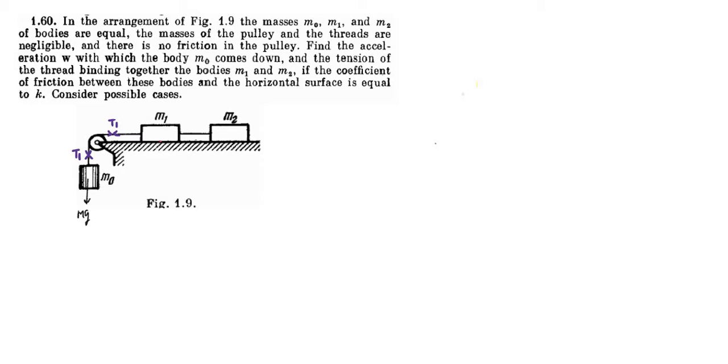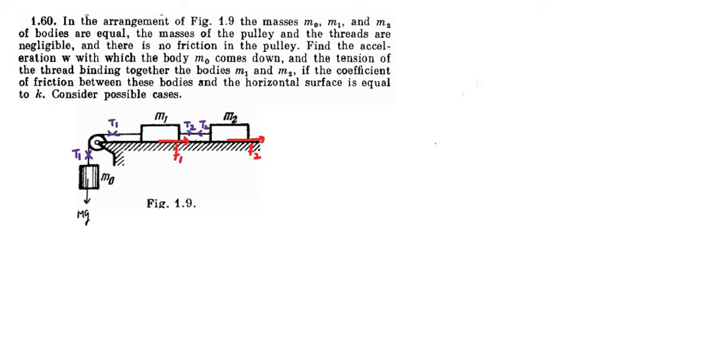Let us say the friction force be F1. The friction force between block M1 and ground is F1, and the friction force between block M2 and ground is F2. And the tension between the strings M1 and M2, we can write as T2. So this tension is T2.